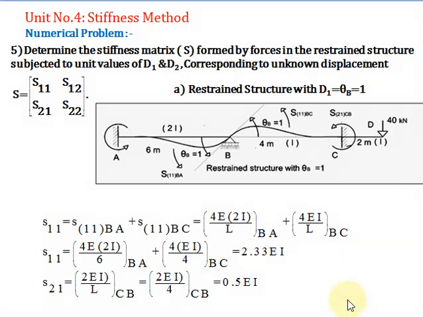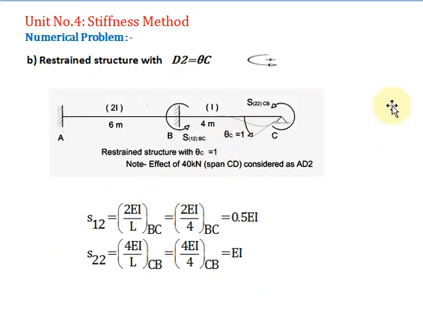After calculating S11 and S21, the next step was to give a unit rotation at C in the anti-clockwise direction. There we found the stiffness coefficients S12 and S22. S12 value was 0.5 EI and S22 value was EI.